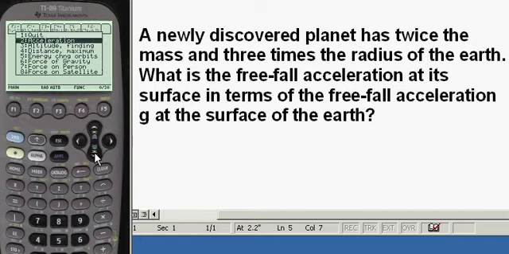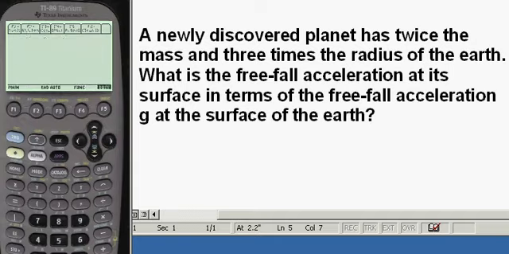I'm going to scroll down here to free fall. And we're going to find the acceleration of another planet.